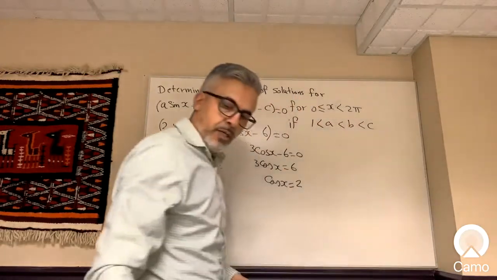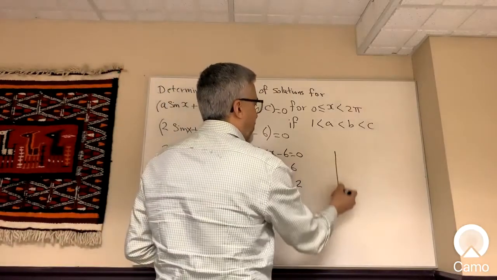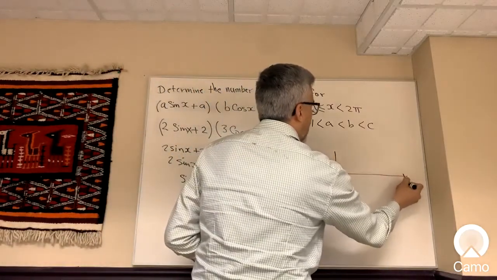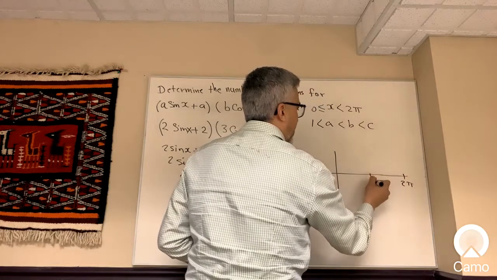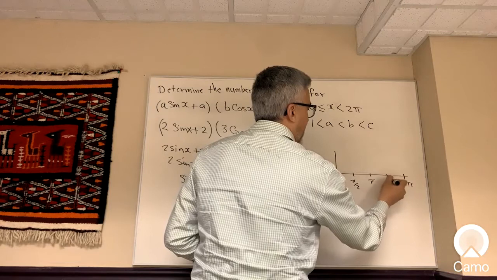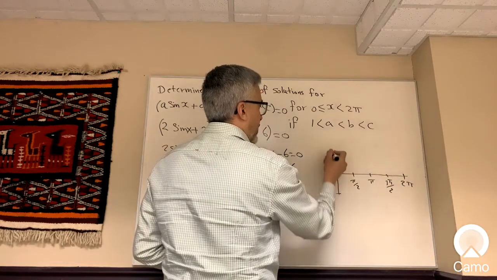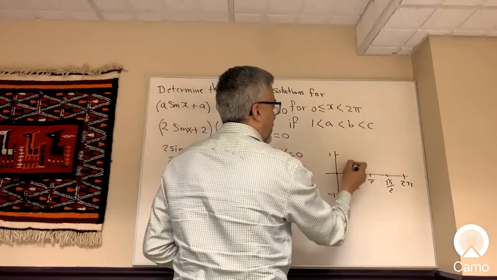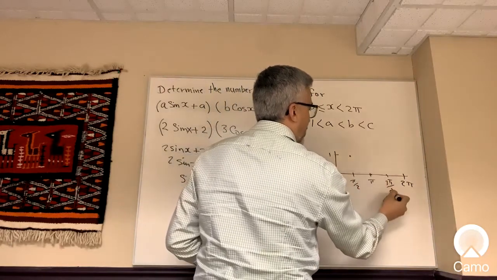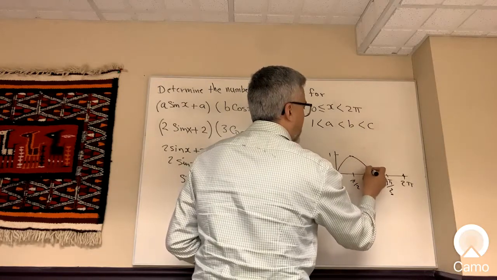But what you need to do here, for the first one, if you look at the sine graph and how it looks between 0 and 2 pi, something that you have to remember in Math 12. So you have this for the sine wave.